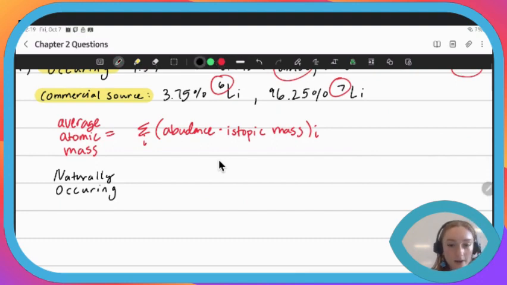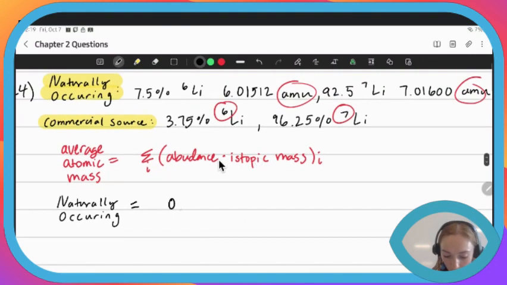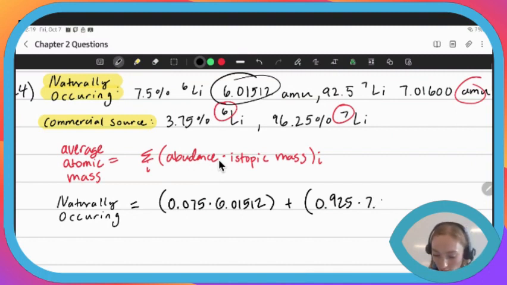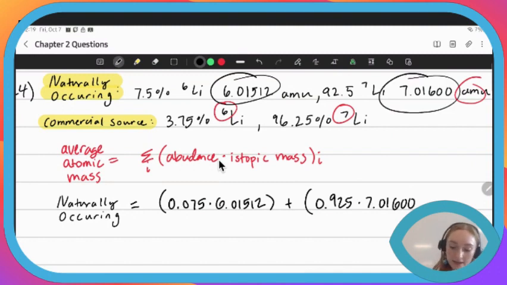We have the abundance, 0.075, times the mass, 6.01512, added to 0.925 times 7.01600, which is how much this weighs and how much it occurs.